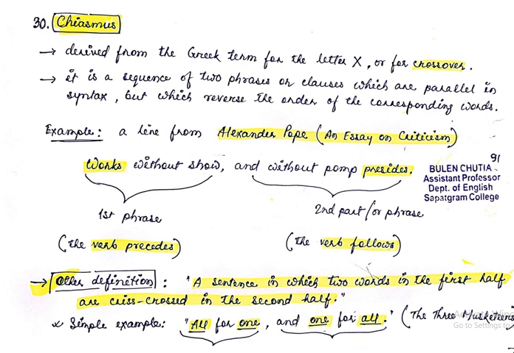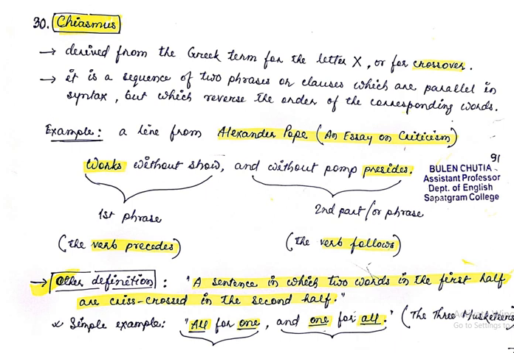Like chiasma, here also we can notice the exchange of materials, the exchange of the words. In one sentence, suppose we have two clauses or phrases, and in both the phrases we can notice that the exchange of the positions of the words is very prominent.